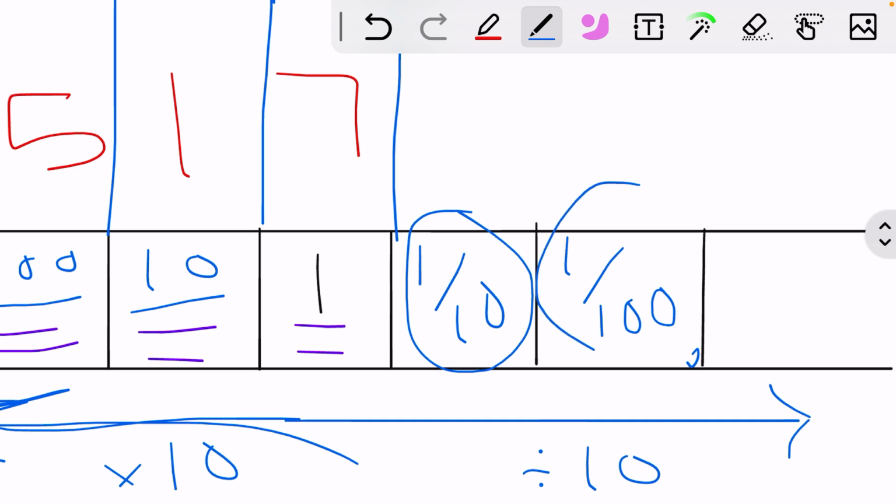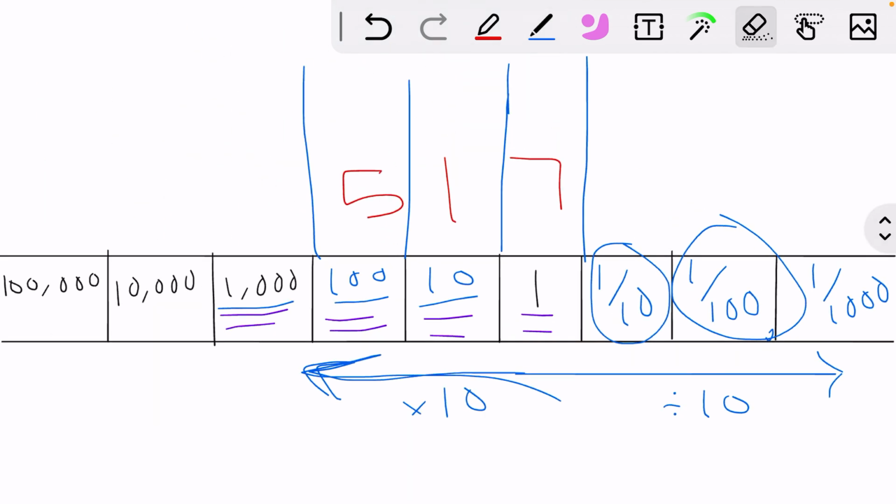And if we divide this here by 10, that's going to be 1 over 1,000. And so that is where decimals are born in the place value system.